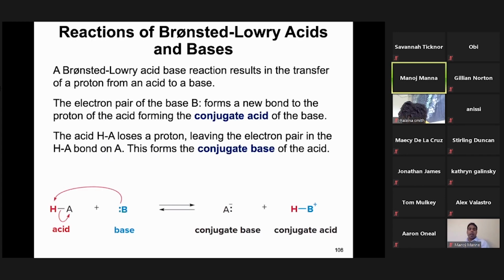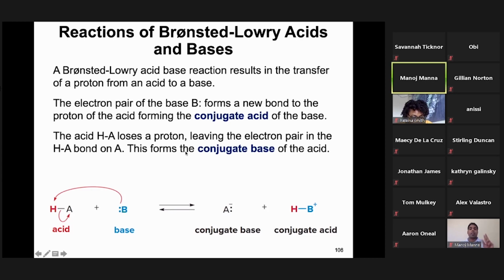Okay, if that is the case, let's take a little look. I introduced that H-A is the acid. If you take away this H plus, the proton, the remaining molecular species, A minus, we call the conjugate base. Very clear? I repeat again. This is a new concept: what is the conjugate base? We know the acid gives H plus, but once you remove H plus, the remaining molecular species is the conjugate base.